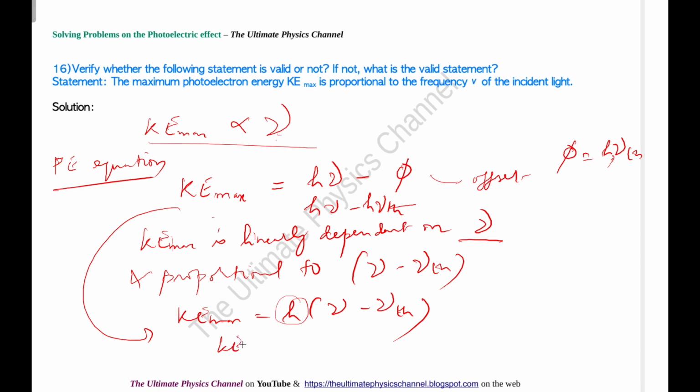So Ke max becomes proportional to the difference nu minus nu th. So that is the correct way of expressing the relationship between the maximum kinetic energy and the frequencies involved here. So the given statement is not exactly valid.